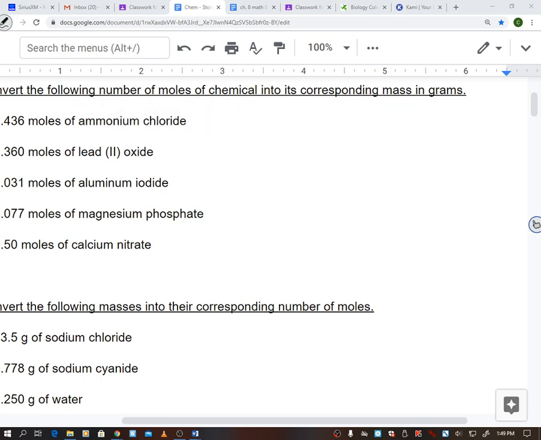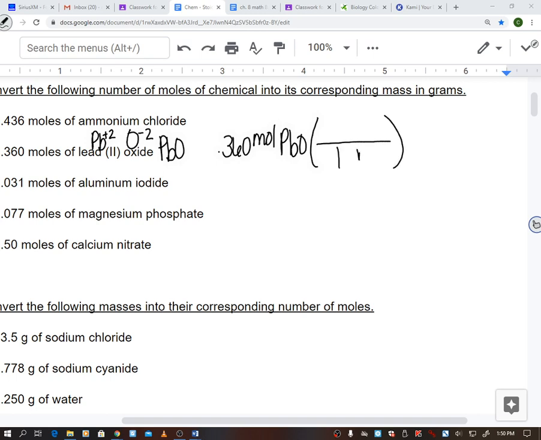All right, on the second one here, I have lead 2 oxide. Now what that Roman numeral means is that that is a +2. Oxygen's a -2, so it's just PbO is lead 2 oxide. So if I start with 0.360 moles of lead oxide, now I want to know how much that weighs. Well, I know 1 mole of lead oxide weighs, well, I'm going to have to see lead itself.